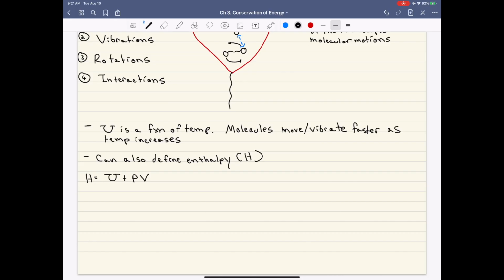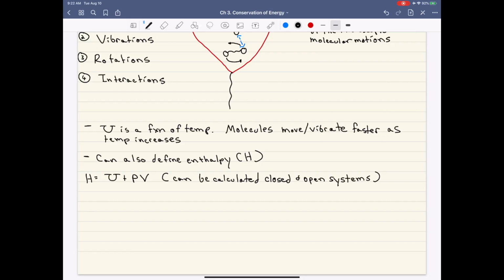Right? So it's the sum of internal energy plus the pressure and volume of the system. Your enthalpy can be calculated for both closed and open systems. So it doesn't just apply to open systems, it applies to any sort of system.